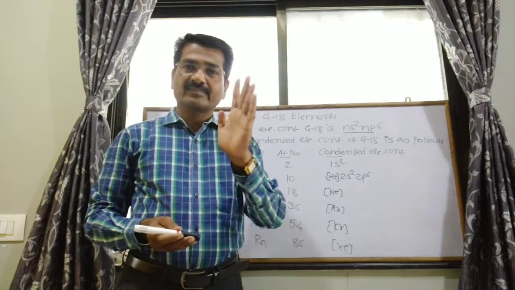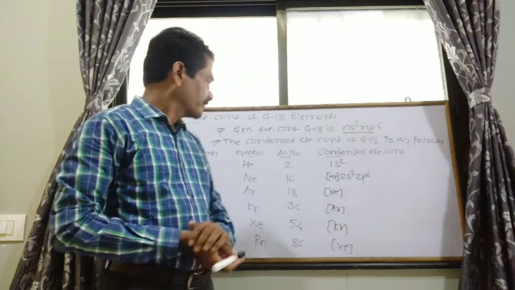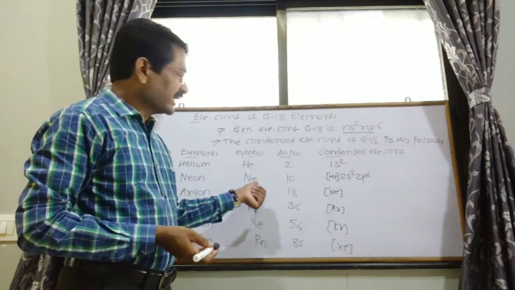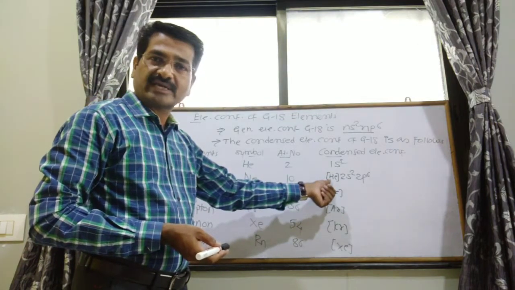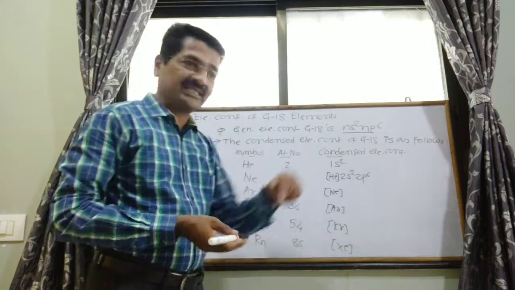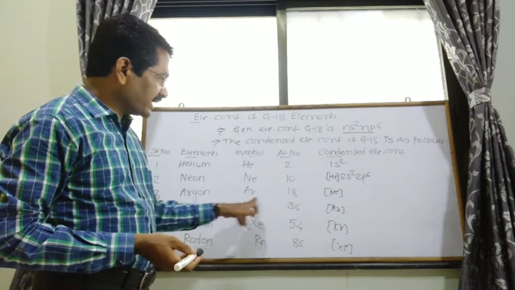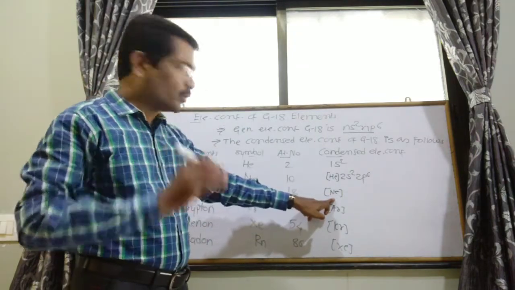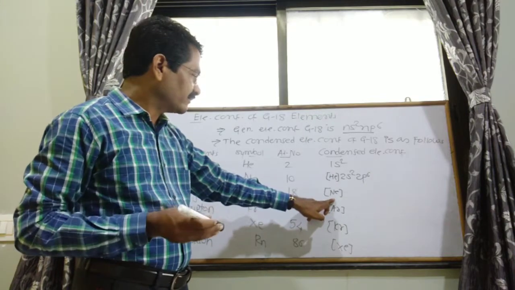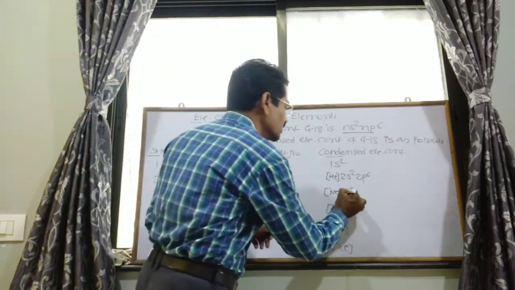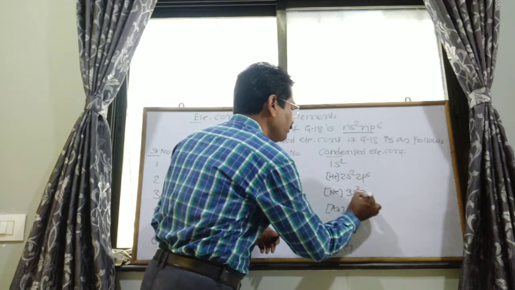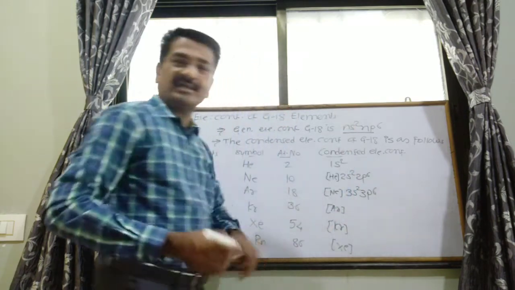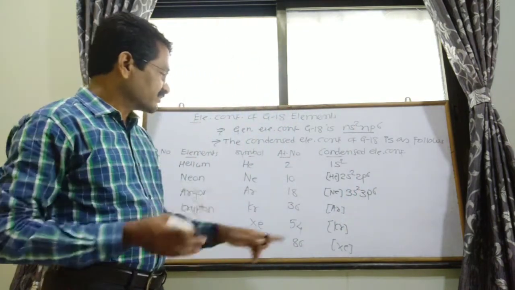For neon, take helium, that is 2 electrons, and the remaining 2s2 2p6. Then for argon, 18, neon is taken as the nearest zero group element containing 10, and the remaining 8 electrons go to 3s2 3p6.